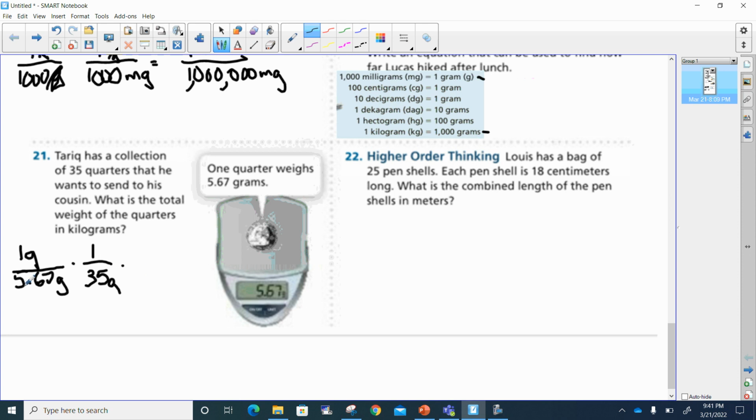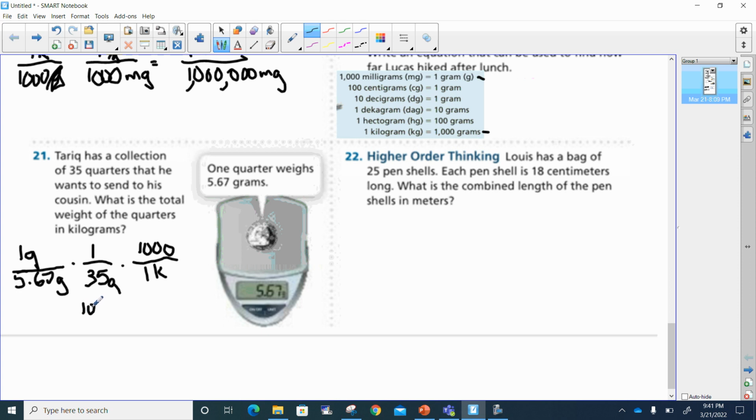We have the grams here, so we need the grams on top to get rid of the grams. And that's going to be 1 kilogram. So now we got 1,000 on the top.